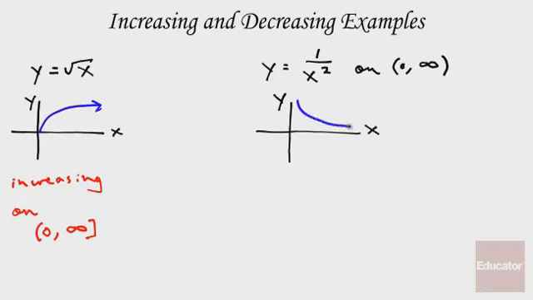So a rough sketch of 1 over x squared on 0 to infinity looks like this. And you can see that this function is decreasing. And so I'll note that this is a decreasing function on 0 to infinity. And I just realized I'm going to go back and slightly modify what I wrote on the left. I had put a square bracket next to the infinity, and it needs to be a parenthesis because infinity is not reachable, so we're not including the endpoint. Okay.